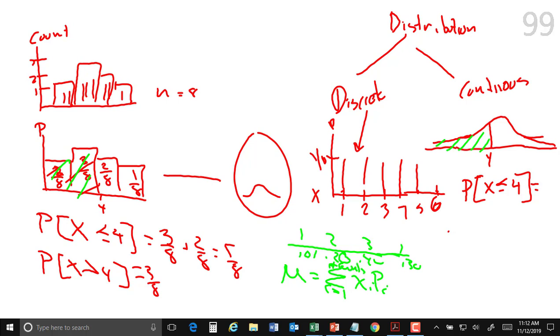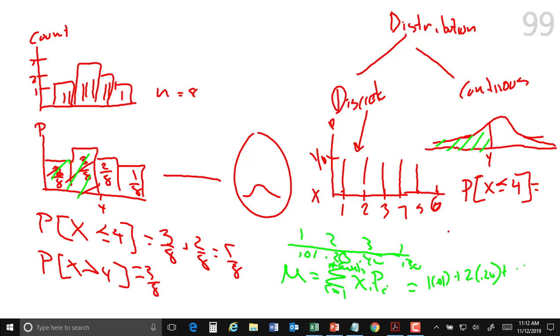You remember that it was just simply adding up, 1 is the outcome times its probability, plus the next one is 2 times its probability, and so on. That's how we calculated from that sort of table.